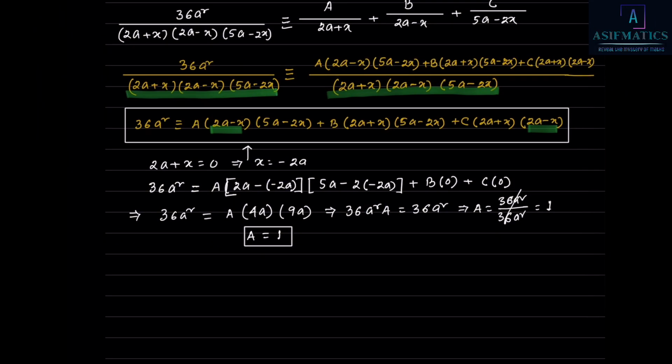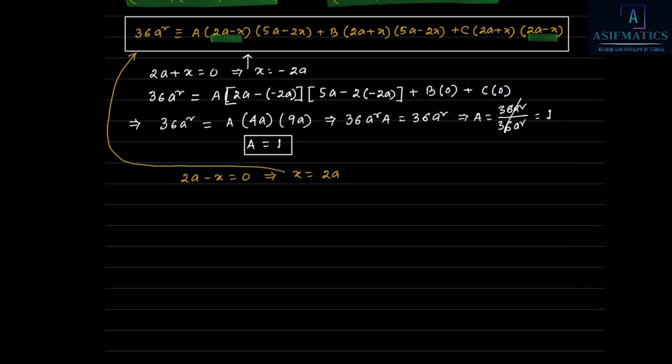So now we can write 2a minus x equals 0, or x equals 2a. Now put the x equals 2a value in the equation.